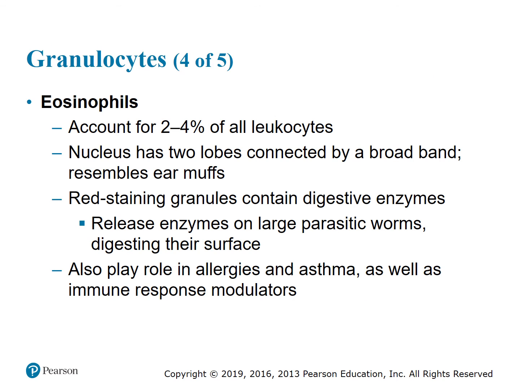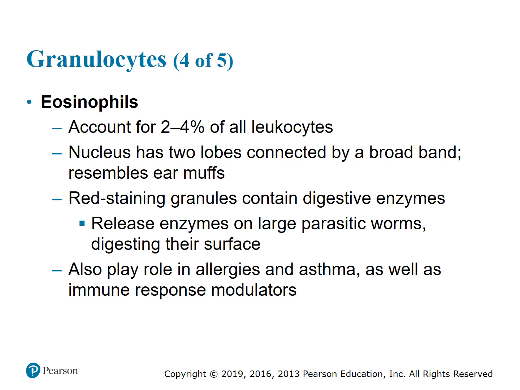Eosinophils account for 2 to 4% of all leukocytes. The nucleus has 2 lobes connected by a broad band, resembling earmuffs. They have red staining granules that contain digestive enzymes, and they release enzymes on large parasitic worms, digesting their surface. They also play a role in allergies and asthma, as well as being immune response modulators.